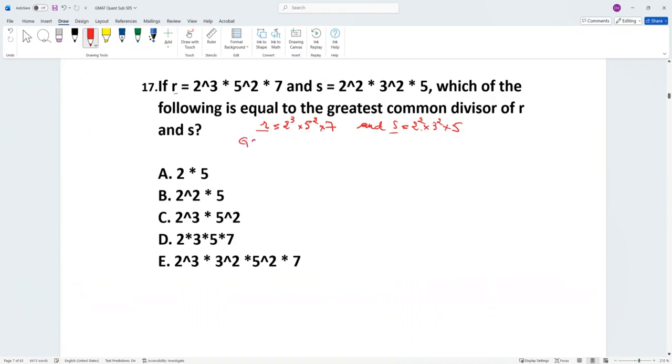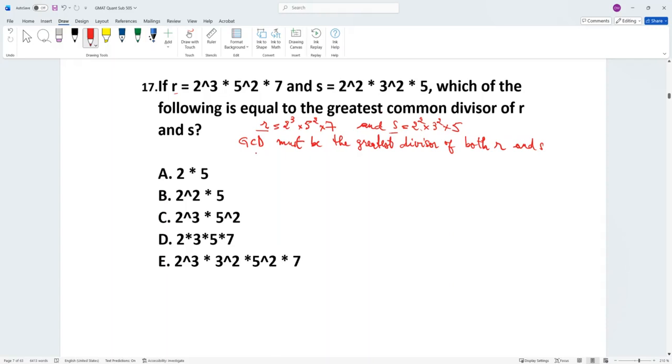So GCD, which is greatest common divisor, must actually be the greatest divisor of both. Okay, so it's important to say both R and S. So among the answer choices here.